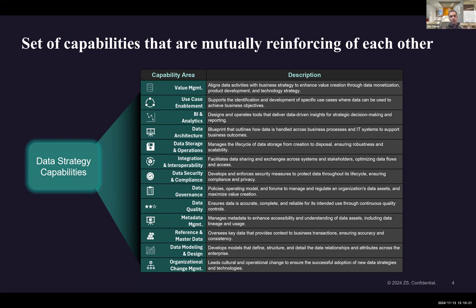Data governance cannot be independent. You need to factor in other foundational elements, such as metadata; data quality could be related, and reference and master data could be related. A lot of these components start to interact with each other. That's why we will have a strategy almost for each of these individual dimensions.